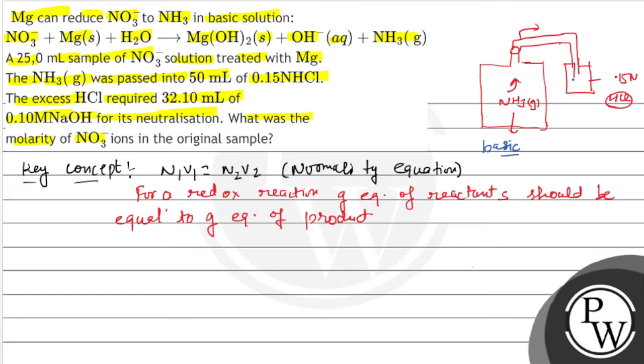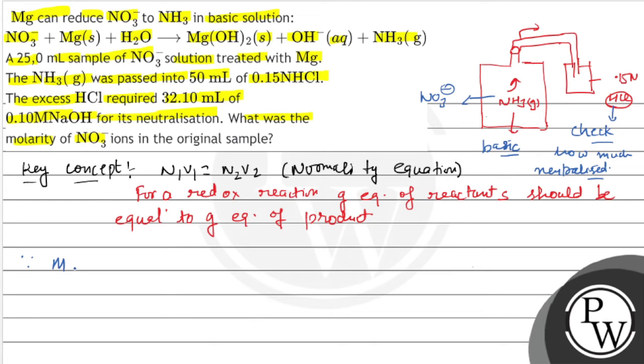After neutralization we will take this HCl and check its molarity, check how much it is neutralized. And from here we will get to know how much NO3 negative ion were there in the solution. So let's start the question.